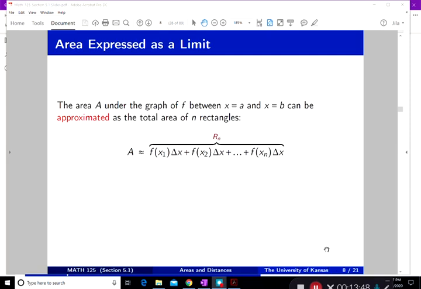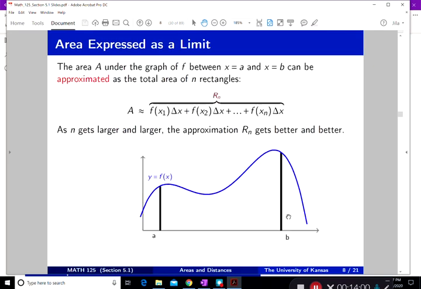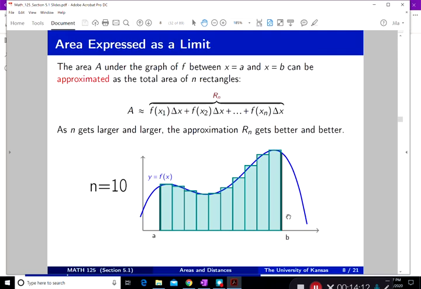And so as n gets larger and larger, that means that you decrease the size of delta x, you decrease the width of all those rectangles, and the approximation gets better and better. So let's watch it over here. N equal to 5, you can see there are pieces that are above and below. Is this close enough?